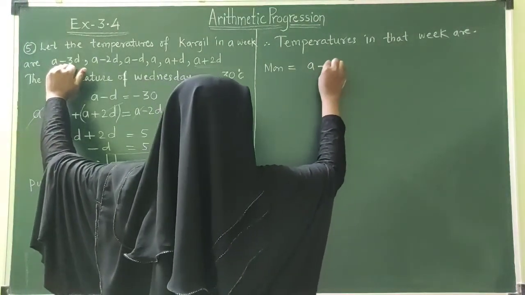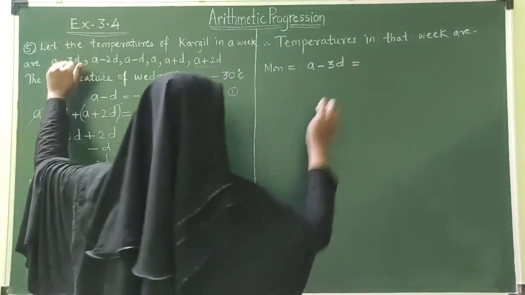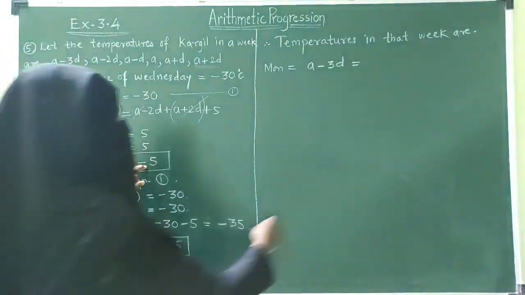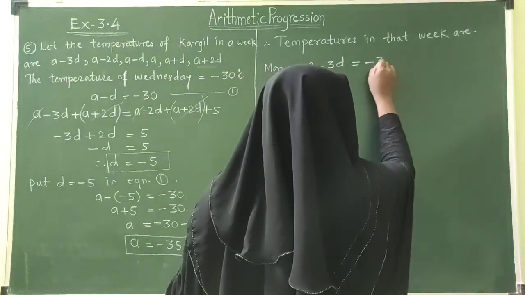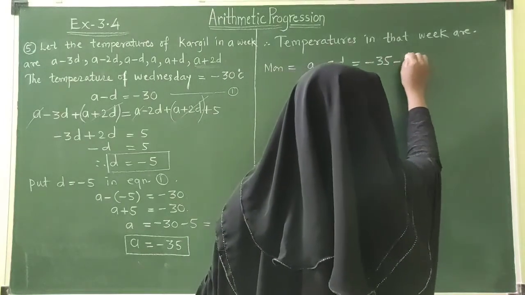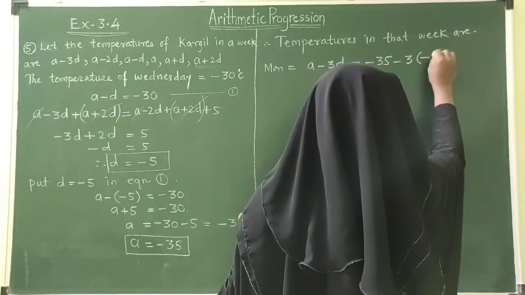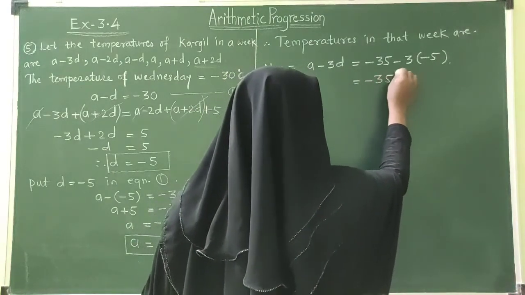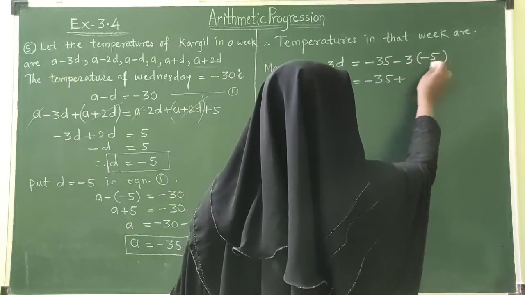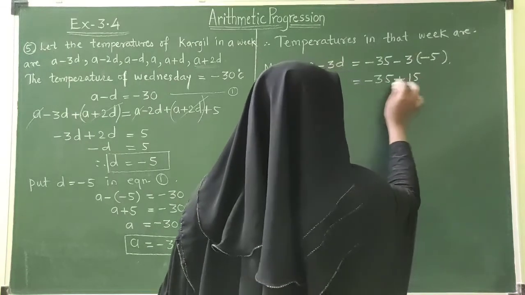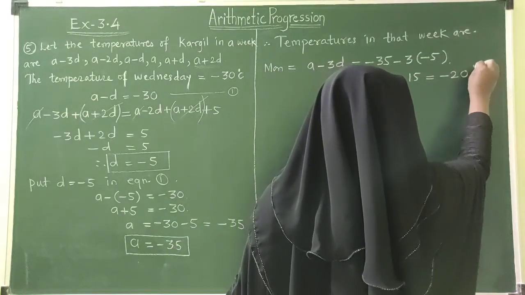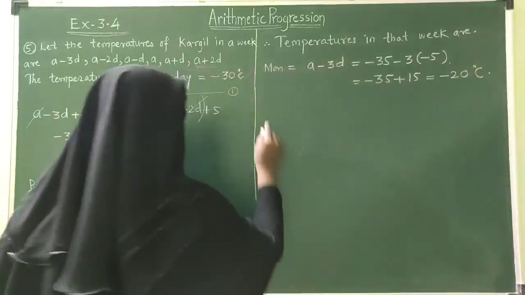Put the value of A as -35 and D as -5. -35 -3 into bracket -5. We get here -35 minus into minus plus 3 5s are 15. -35 plus 15, we get here -20 degrees Celsius.